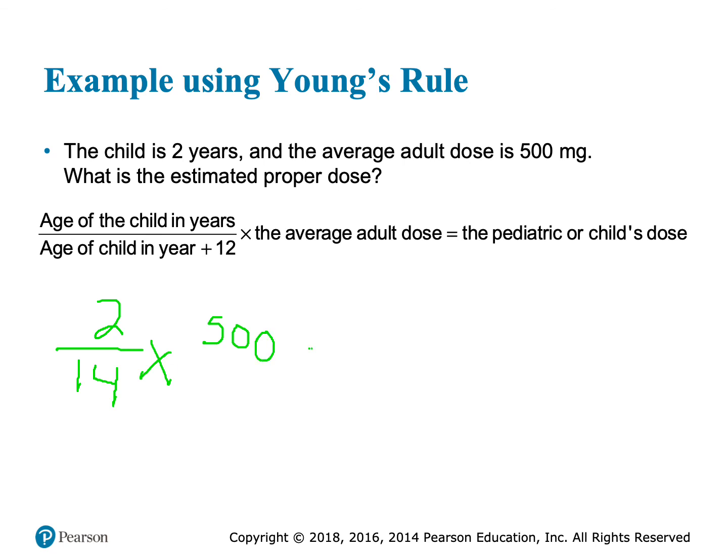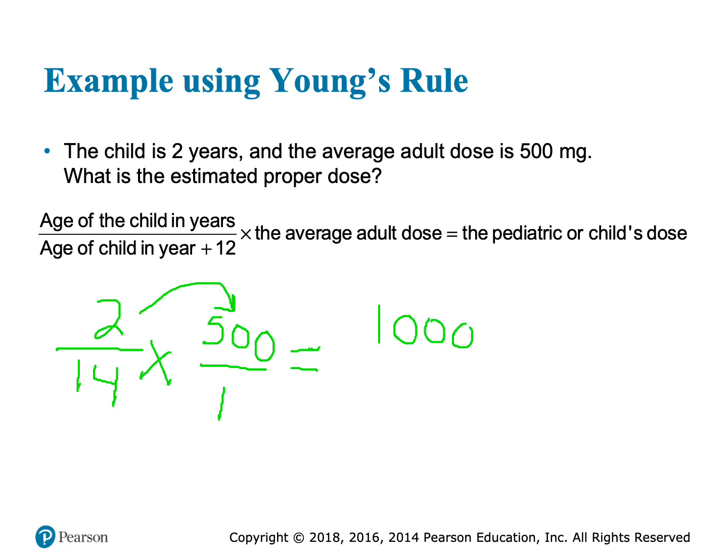If I can get my pen to draw a line. Okay, so 2 ways we can solve this. We can divide 14 up into 2, get our decimal point, multiply by 5, or we can think of this 500 over 1, and we can multiply straight across. 2 times 500, we're going to get the same answer either way. Let's just do it this way. We get 1,000, right?